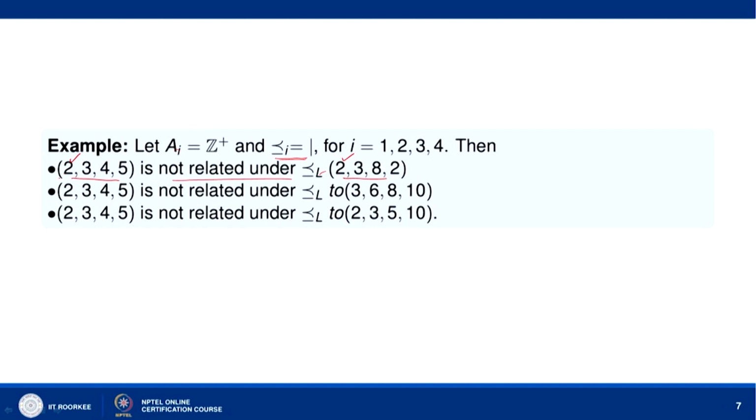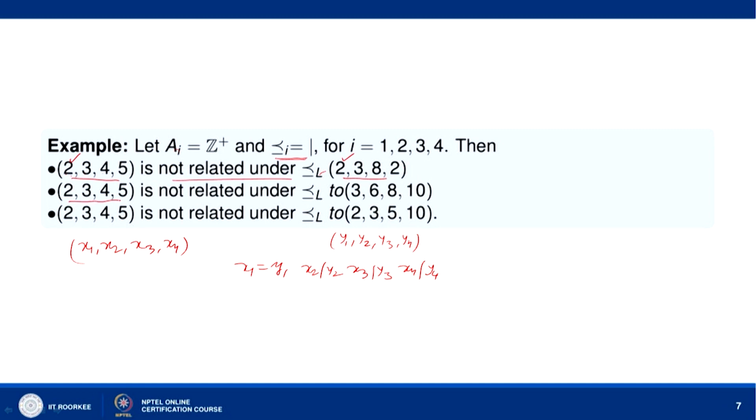Suppose this is x1, x2, x3, x4, and this one we call y1, y2, y3, y4. We notice that x1 is equal to y1, then x2 should divide y2, x3 should divide y3, x4 should divide y4, which is not true because 5 does not divide 2.